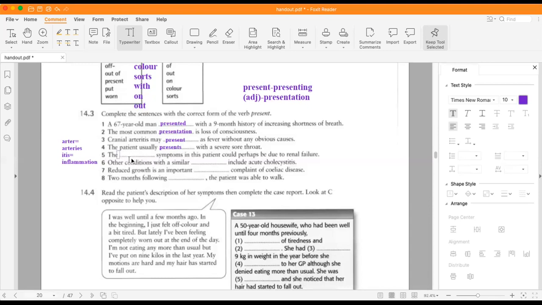Number five, the what symptoms in this patient could perhaps be due to renal failure. Here, of course, will be an adjective, so it will be the presenting.